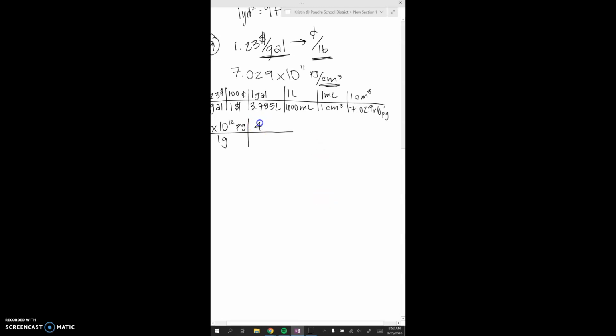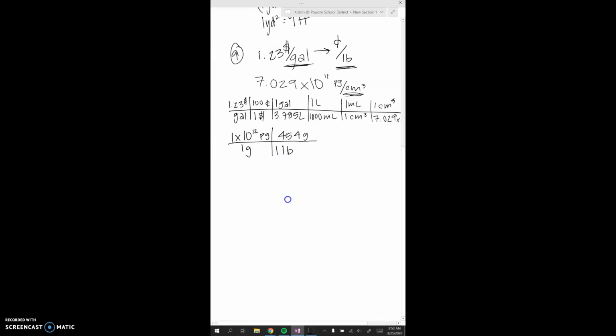If you look at the bottom in that little table, that gives you the order of magnitude for the different metric prefixes. Now that I have grams, I know that 454 grams is equal to 1 pound.